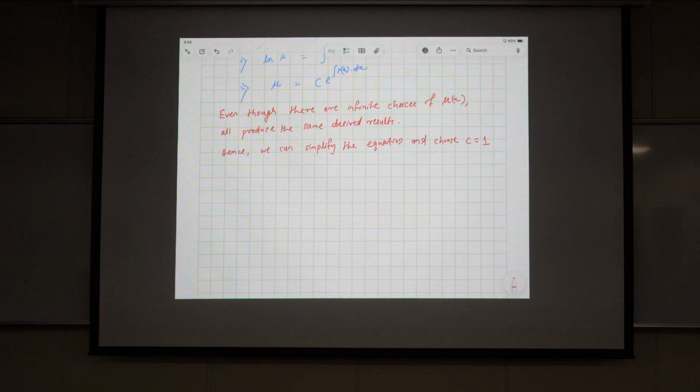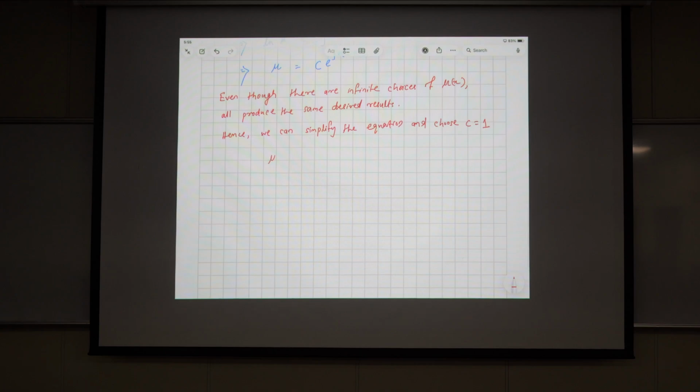The constant will not affect anything in the result. So it is better to stay with the simplest one, something like a multiplicative identity, which will not affect the result here. So if you take C is equal to 1, then our desired mu x is nothing but e to the power integration of p x dx.